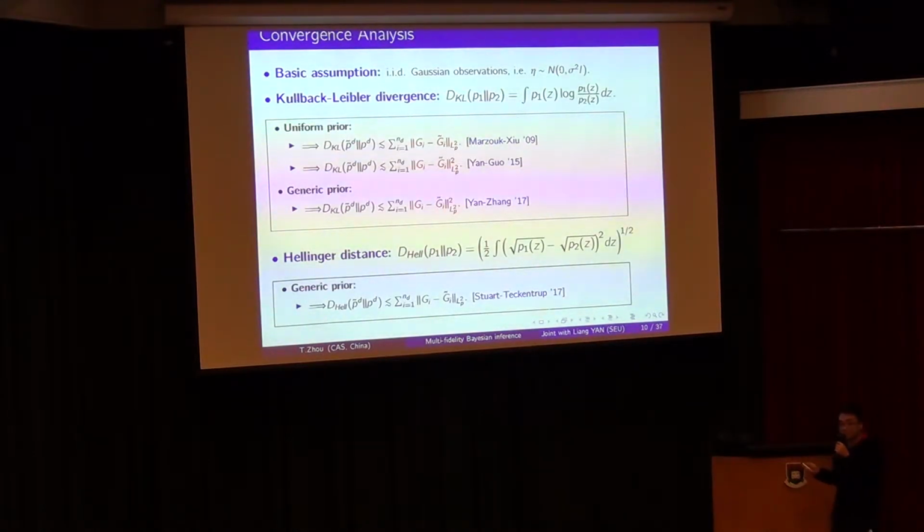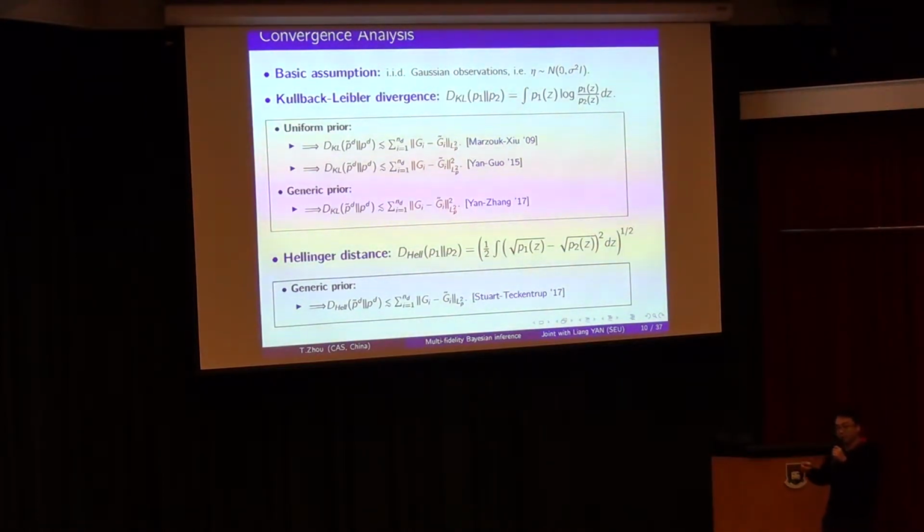What about the convergence of this kind of approach? Actually, there is a lot of convergence analysis. It says that the KL divergence between the two measures, the true posterior and the computed posterior, can be bounded by the error of the surrogate model. But this error is measured in the prior measure space.